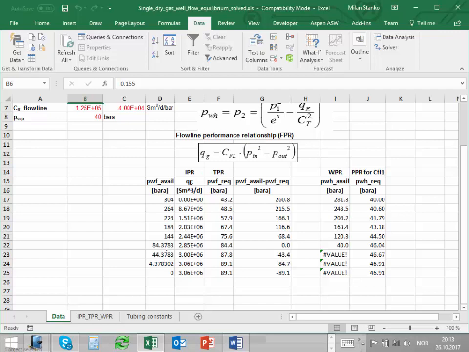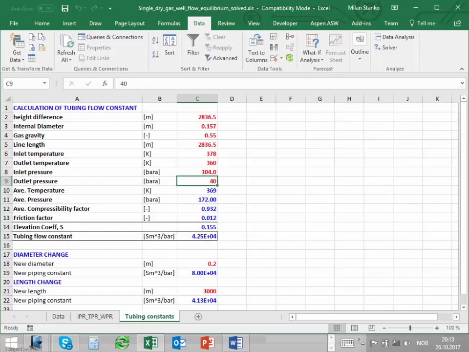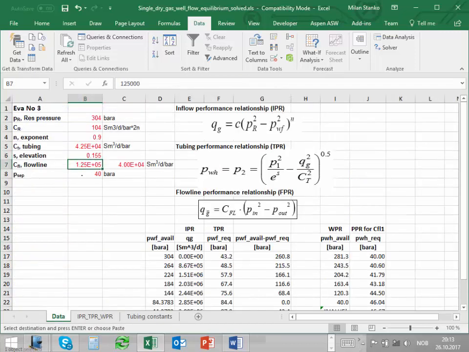So to make the calculation better, I go back to my sheet and say, instead of using 304, I'm going to use 84.378. And that should be my real CT. Instead of 425, 419, I copy that number and paste it here, in tubing.